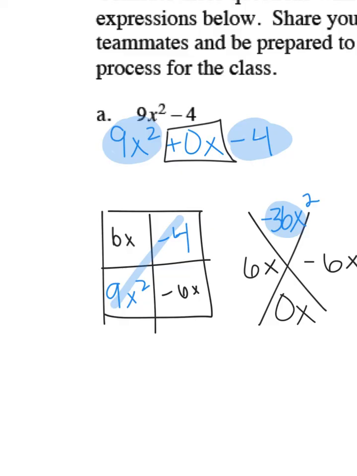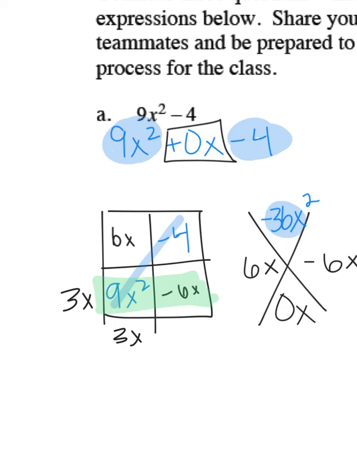Let's see, going across the bottom here, both of these numbers can be divided by 3, and they both have an x in them, so we'll put a 3x. And 3x multiplied by another 3x would make 9x squared.